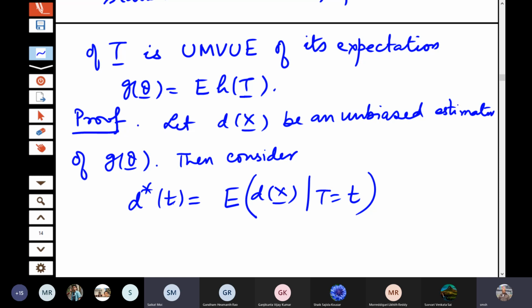We have already seen that since T is a sufficient statistic, the conditional distribution of X given T is free from theta, so this term will be free from theta.